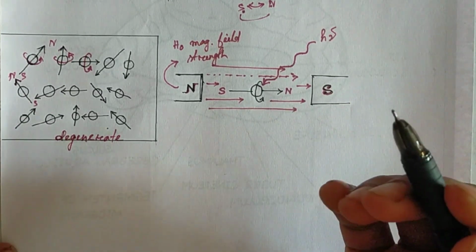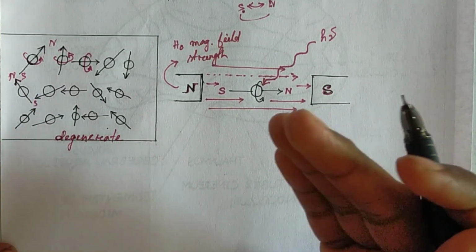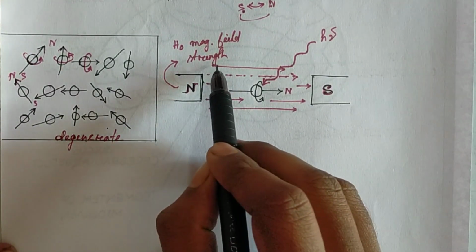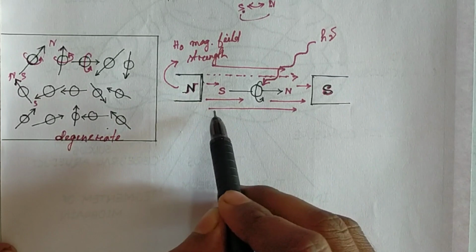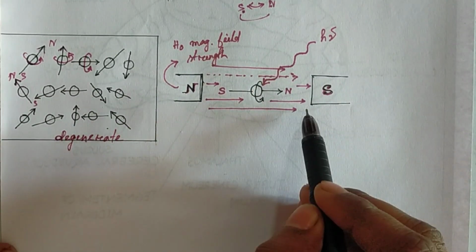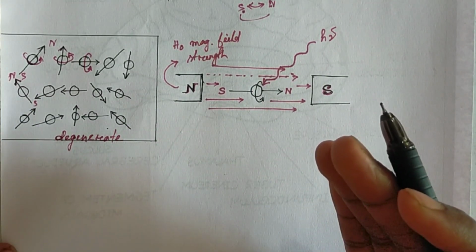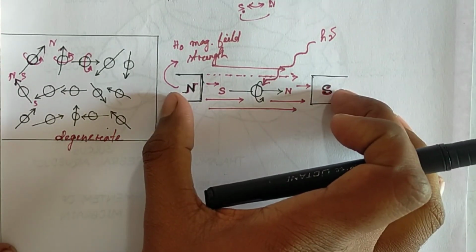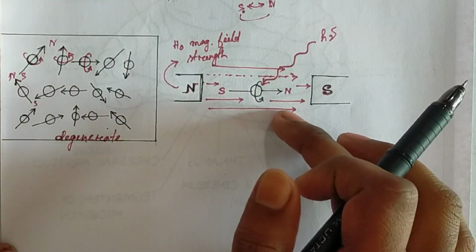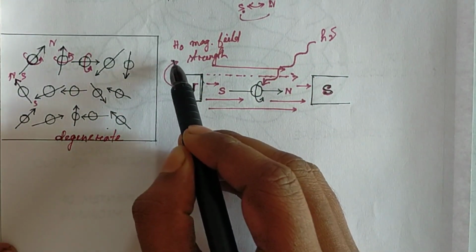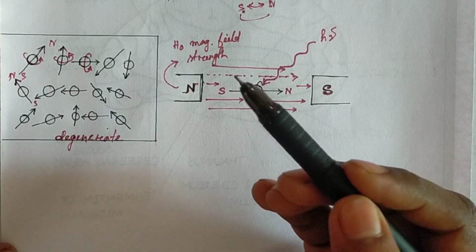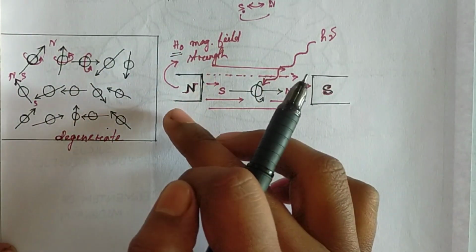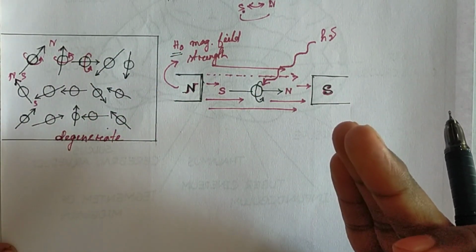As we know, the direction of the magnetic field of any magnet is from north to south. So these lines represent the direction of the magnetic field of the external magnet, and there will be some magnetic field strength which is denoted by H naught. H naught is the magnetic field strength of the external magnet.